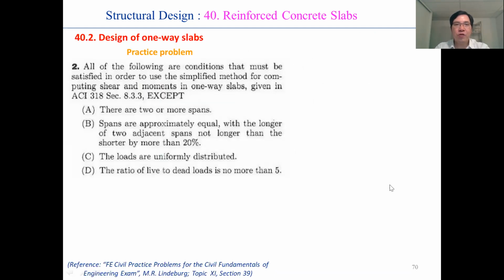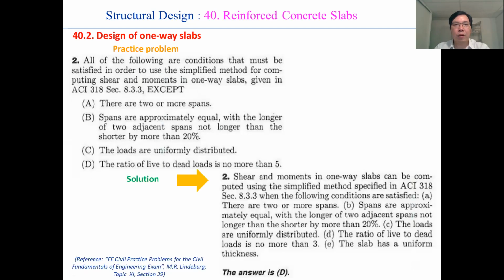So I show you in this slide one particular problem for the one-way slabs. What is the question?